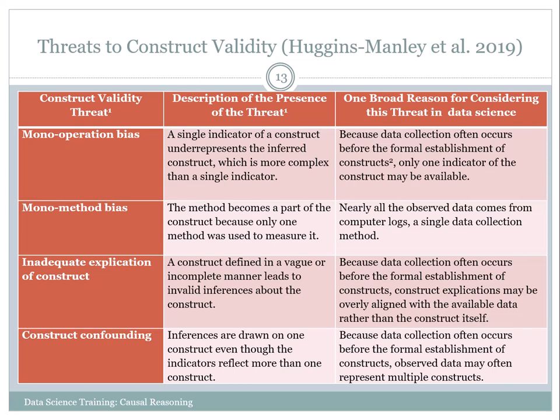For construct confounding, you could be measuring mathematics ability, but you could also be measuring reading ability. You could be measuring mathematics anxiety, or even social desirability bias. So those are confounding constructs that are affecting the scores in your assessment.